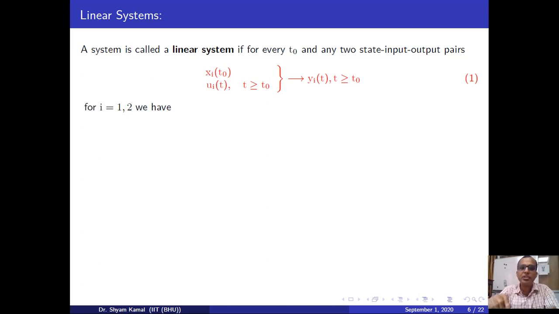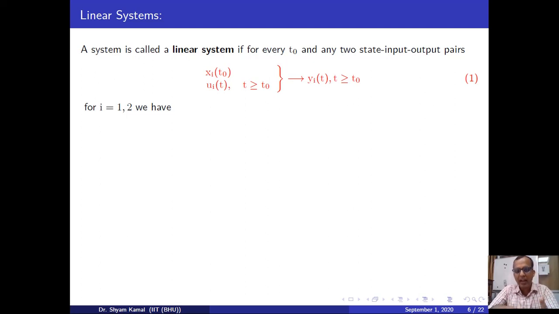A system is called linear if for every t0 and any two state, input, output pairs. You have some fixed system, you apply one input and collect the corresponding output. Similarly, you apply another input and collect its output. In order to get from input to output, some internal phenomenon is involved, and we capture that black box phenomenon using the notion of a state.